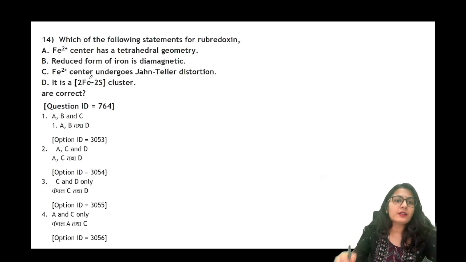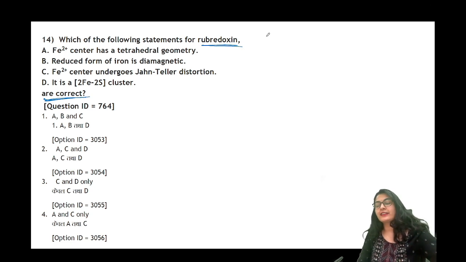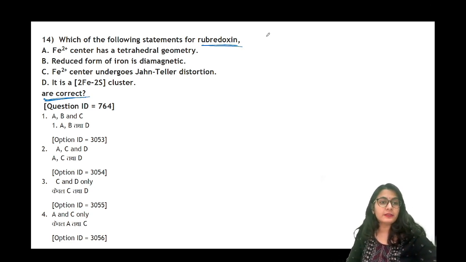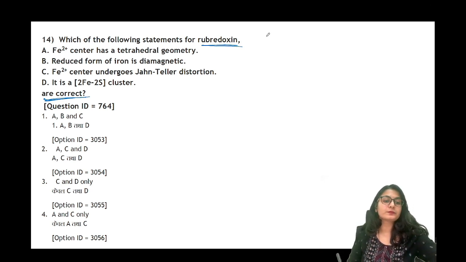Chalo, next one. Which of the following statement for rubredoxin is are correct? Alright, so rubredoxin you already know, it's the smallest iron sulfur protein. Yes, read out the question and then try to answer. All right, so let's see which of the following statement for rubredoxin is correct.